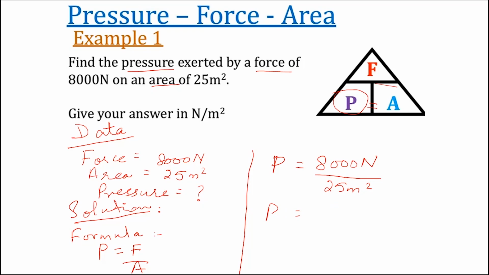We will simply divide it, and the answer is 320 newtons per square meter. So in this way we will find the pressure which is exerted on the given area.